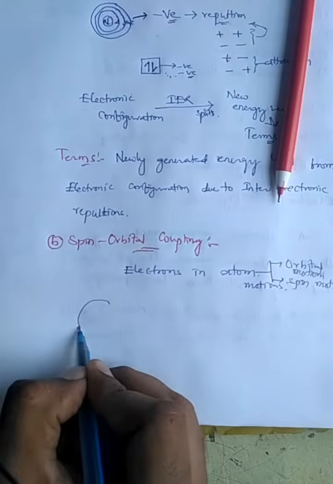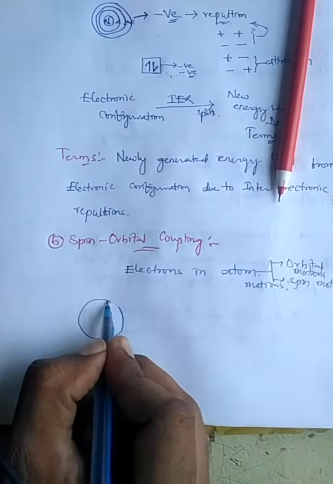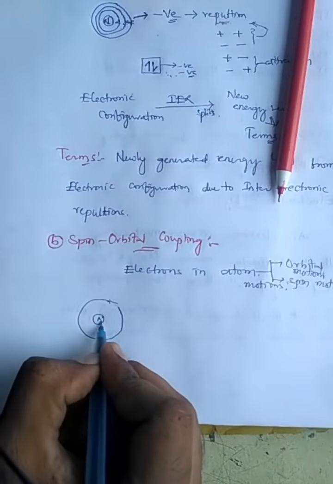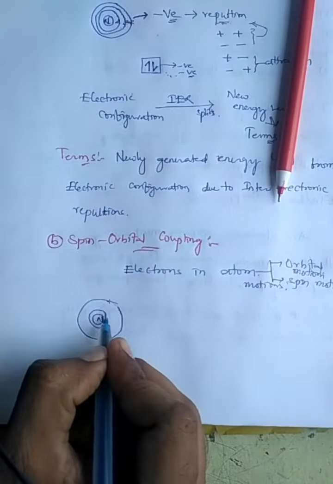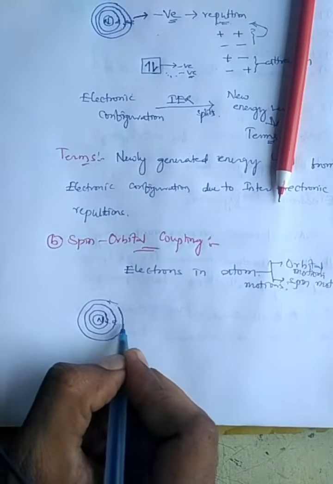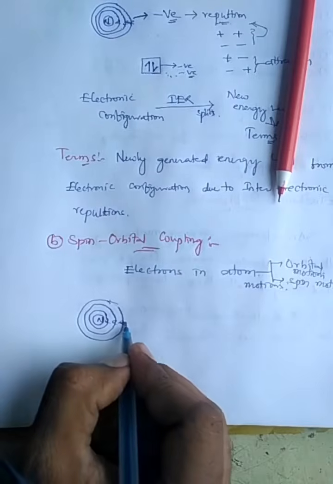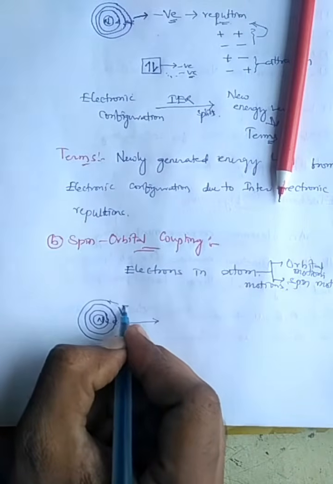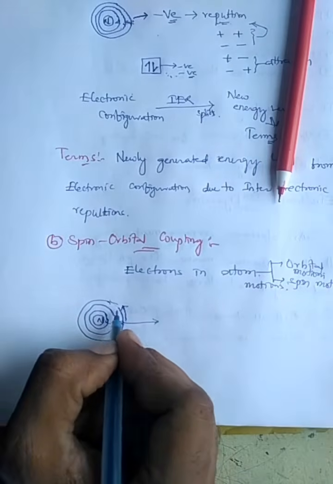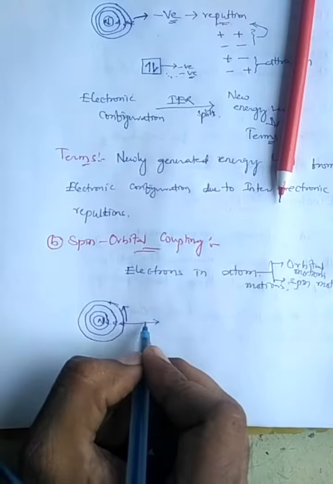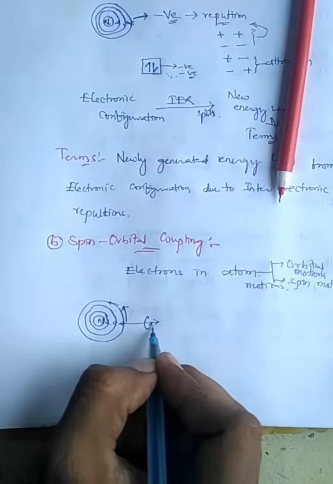Looking at the atomic structure, it has a centrally situated nucleus surrounded by multiple energy levels, where there are multiple electrons. An electron can revolve around the nucleus on the orbital pathway, and it can also spin about its own axis.